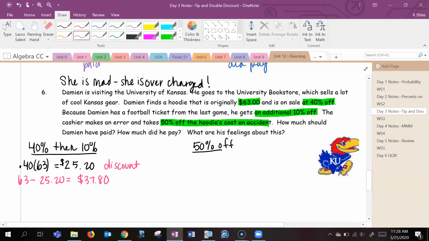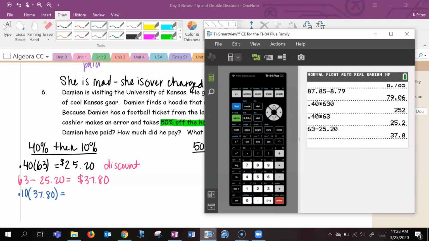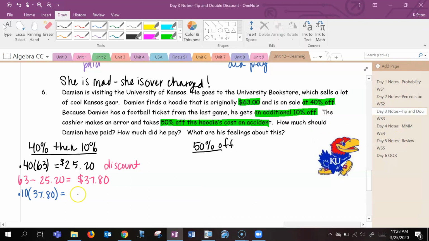So now what should have happened is we should have gotten 10% off of that. So 0.10 times our 37.80. We'll type that in. And you can use parentheses or multiplication, whichever. And that's $3.78.